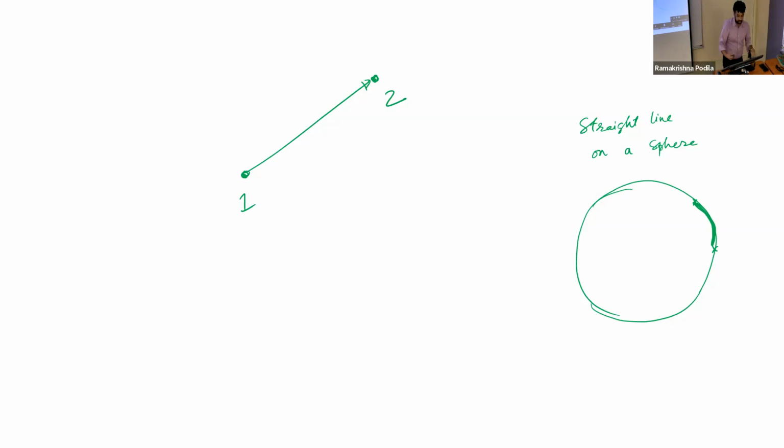So in fact, if you draw a triangle in a flat space, what is the sum of angles? 180. How about if you do this on a sphere? Now imagine a sphere, you're walking along the equator, right? And you take a turn upwards.